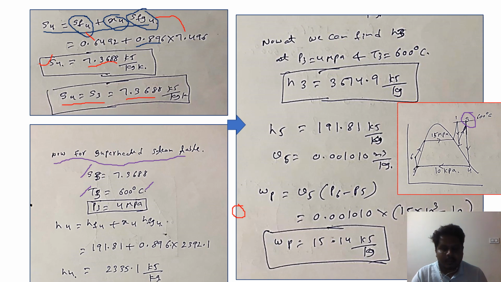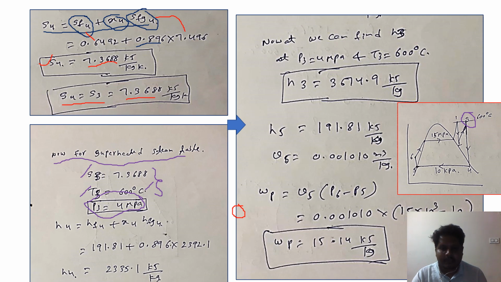So in the superheated steam table, at 600 degrees centigrade and entropy 7.3688, we can find the pressure P3, that is 4 megapascal. This value I have taken from the superheated steam table at 600 degrees centigrade.